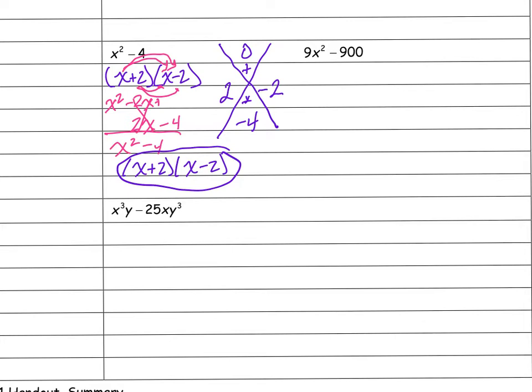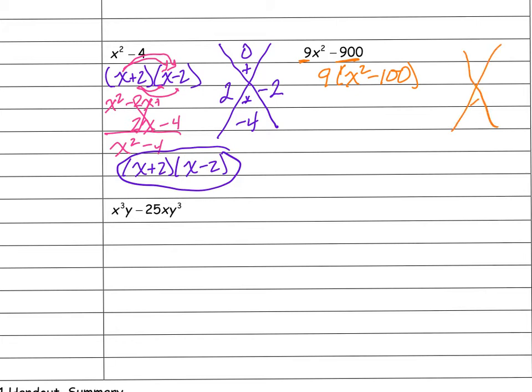Look, there's something with the x squared, so I'm going to always check to see if it goes into that term. Well, does 9 go into 900? Yes, it does. Okay, so I can factor out a 9, and remember in my final answer that 9 has got to be part of that. If I factor out a 9, I've got x squared minus 100. Okay, awesome. So now I'm going to do my technique, my graphic organizer.